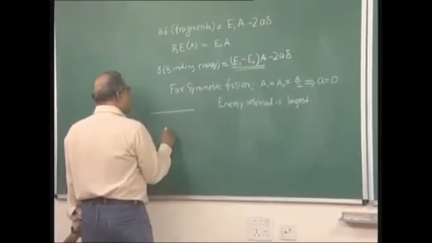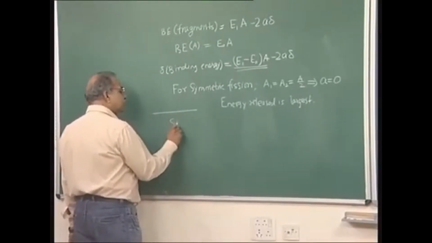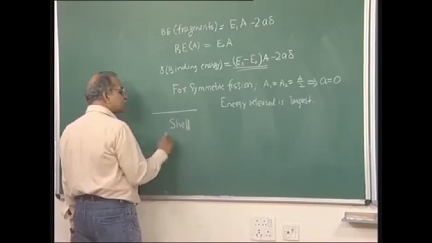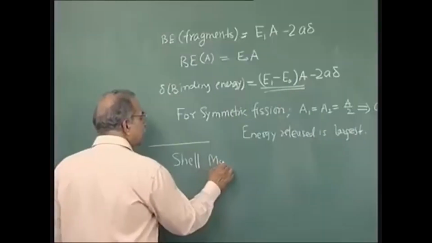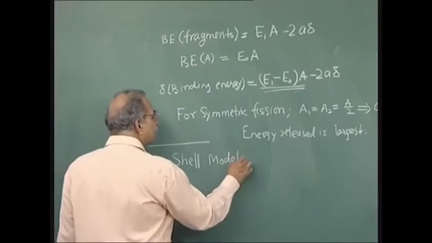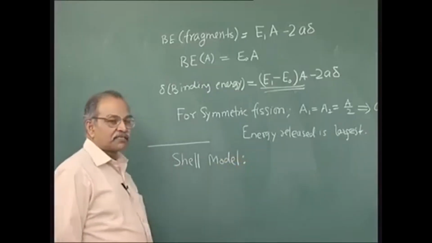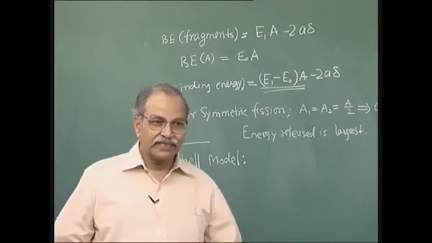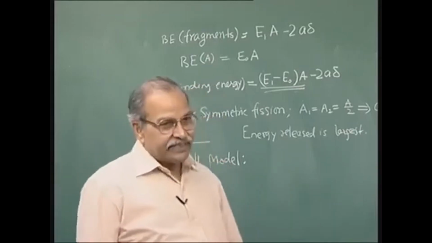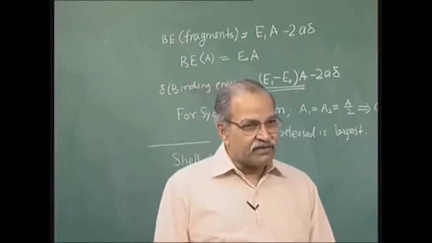So, people take all kinds of corrections and calculations involving shell models, mixing up shell model with liquid drop models and other things to create newer theories, and it is still not very well understood.